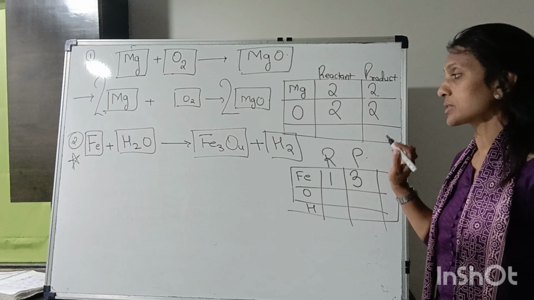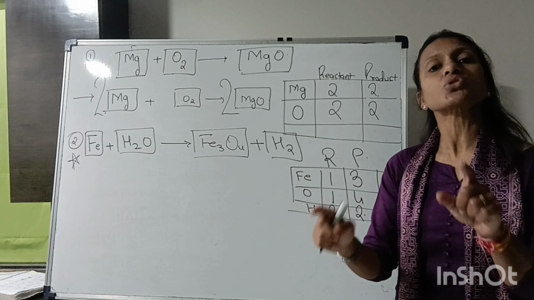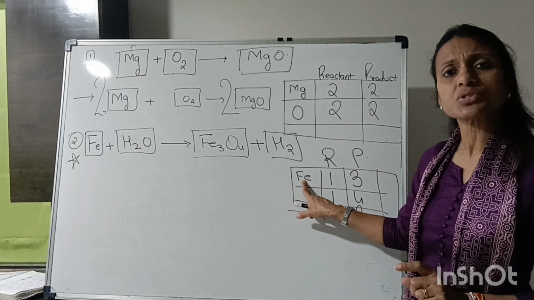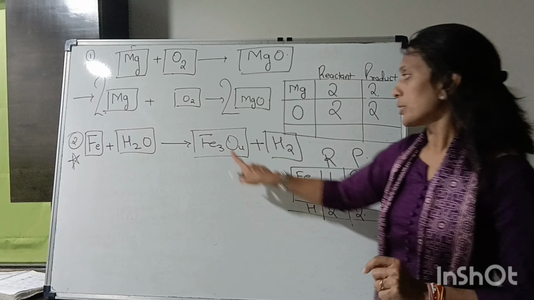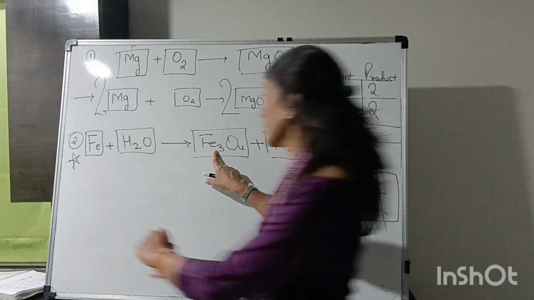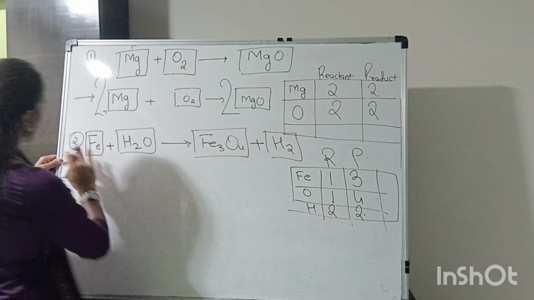In this case, generally you should start with the element where the number is most unbalanced. But in this equation, you can also start with iron. Now look, there are 3 atoms of iron here. What we can do is, we can come here and write a 3 here.